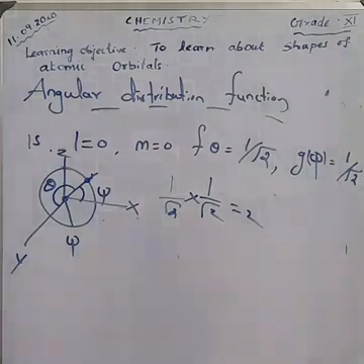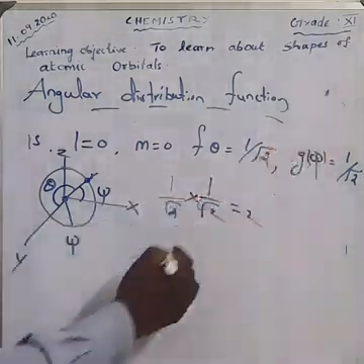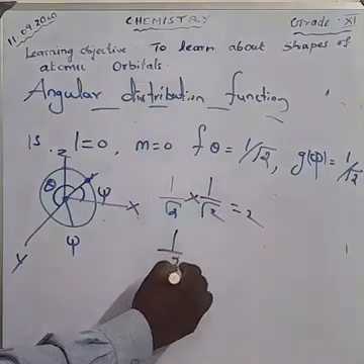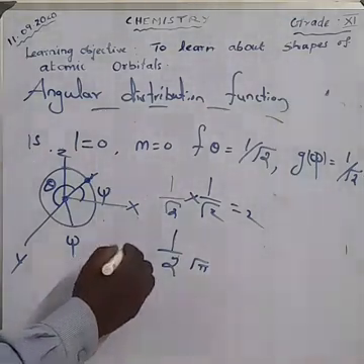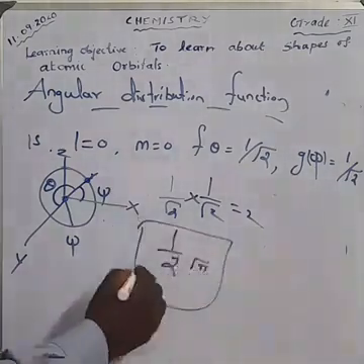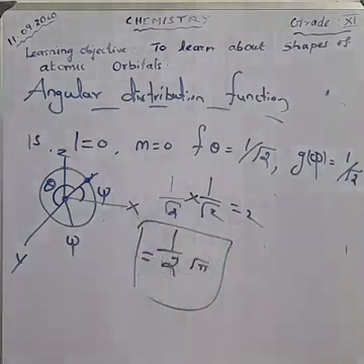So we can write it as 1 by 2 pi. This is the angular distribution function, and it is independent of the angles theta and phi.